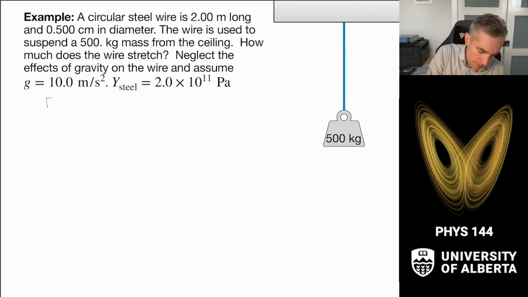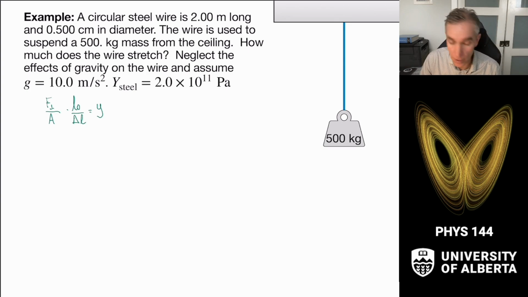And so this just gives us the perpendicular force. Let's thicken up our lines a little bit. So F perp over the area times the original length over the change in length is going to be equal to Young's modulus Y. And from that, we are going to just apply the variables.